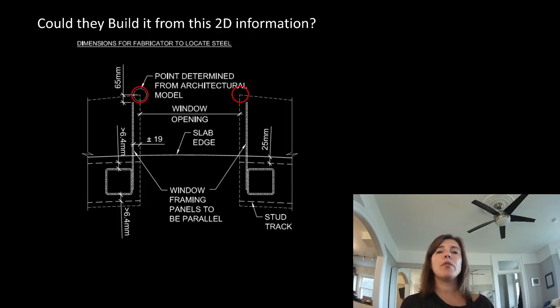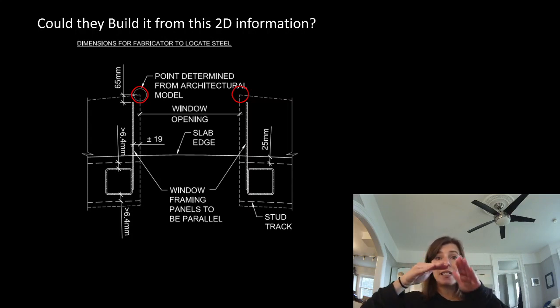Could they have built from the 2D drawings? Yes, they could have. I gave them all the information they possibly needed. The architect was able to generate an Excel diagram that said what this point right here was at every window panel edge.